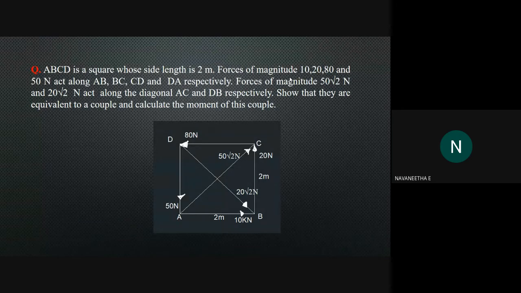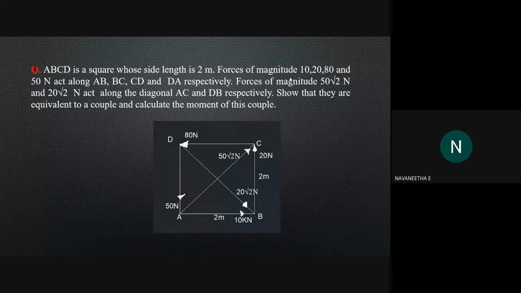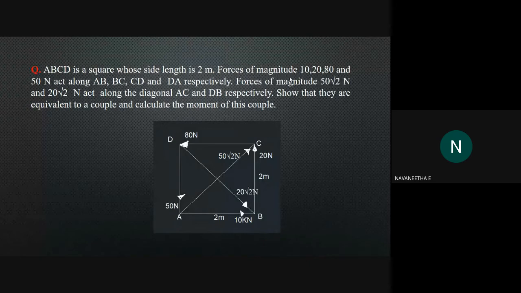Forces of magnitude 50 root 2 Newton and 20 root 2 Newton act along the diagonal AC and DB respectively. Show that they are equivalent to a couple and calculate the moment of the couple.